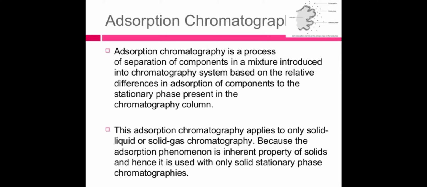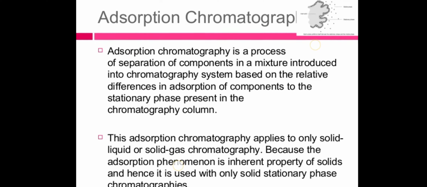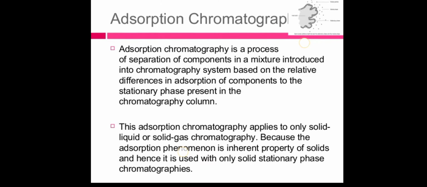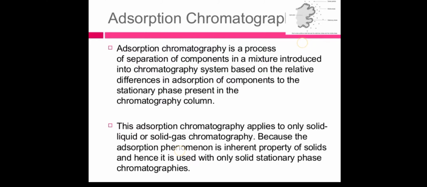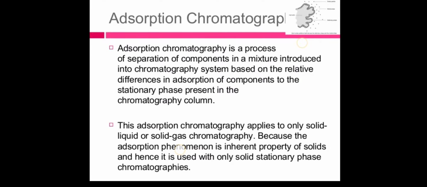In absorption, the solute goes inside any substance and it is solubilized. But if solute is adhered to the surface, because it's a surface phenomenon, it is known as adsorption.